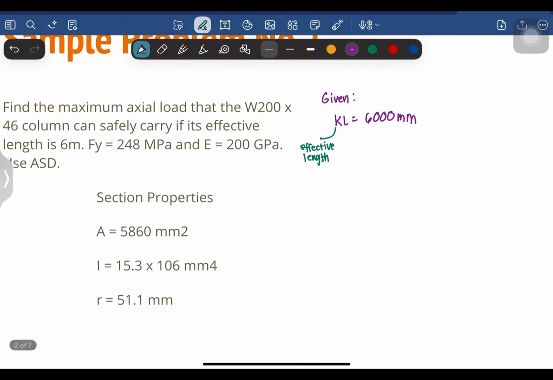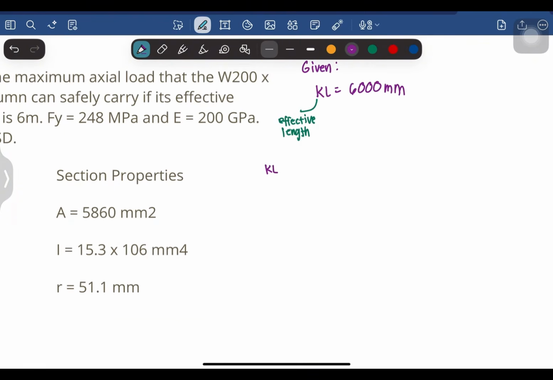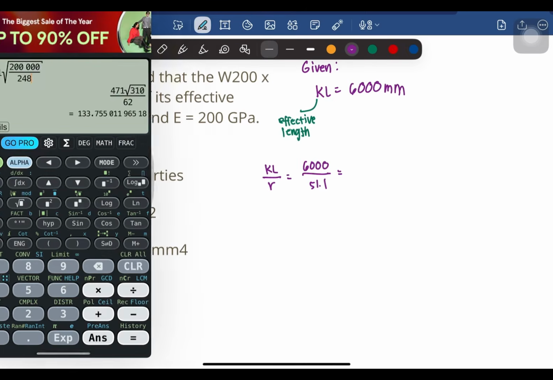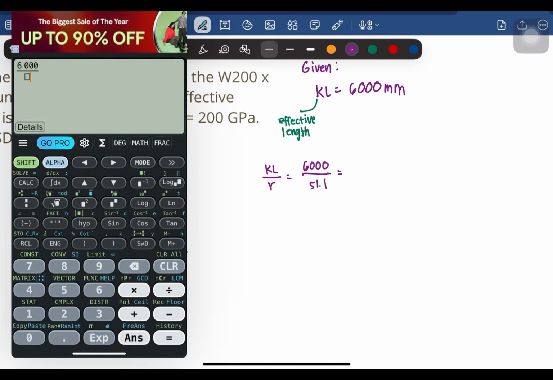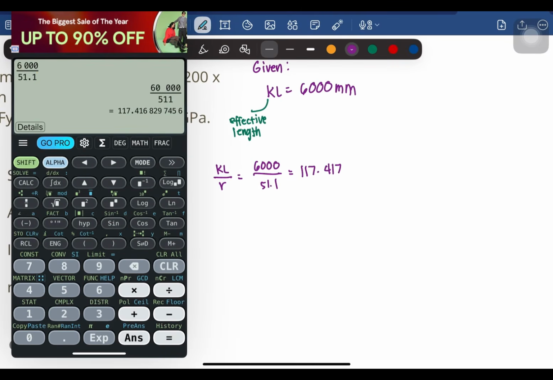Next is to get the ratio of KL and the radius of gyration r. So 6,000 over 51.1 is equal to 117.417. Then we have to compare it to 4.71 square root of E over Fy for us to determine kung saan siya mag-fall, if it is inelastic buckling or elastic buckling.